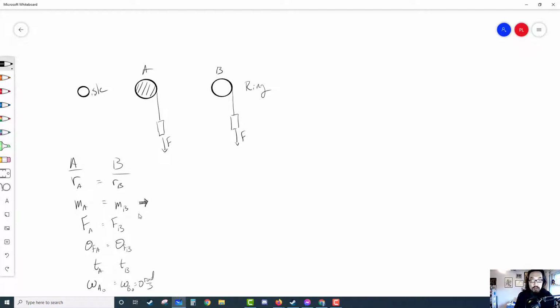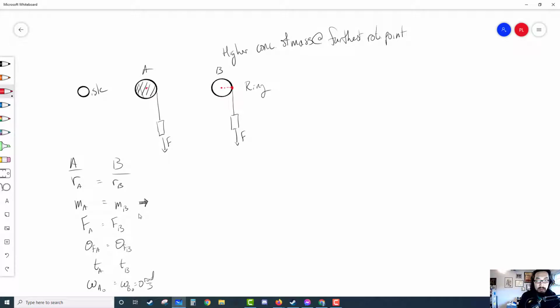So the furthest most point right there, B has a higher concentration of mass at the furthest rotating point, compared to A, because the mass is spread throughout the entire pulley at the same radii r away.